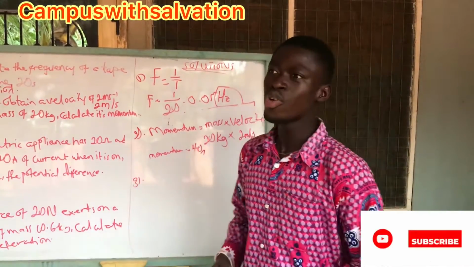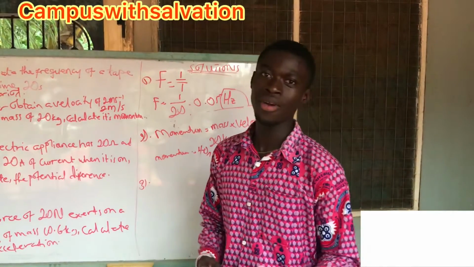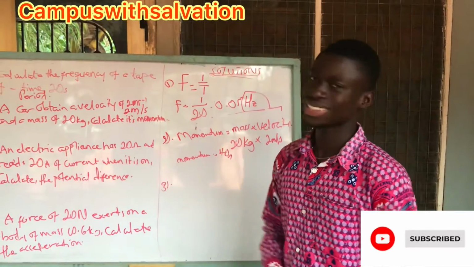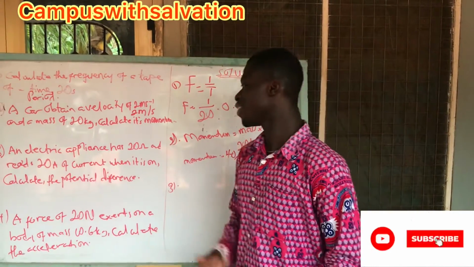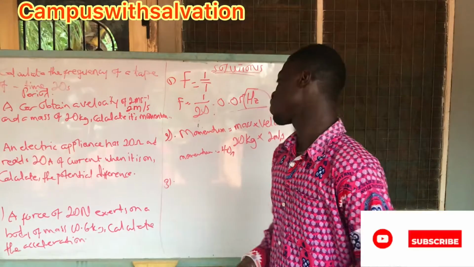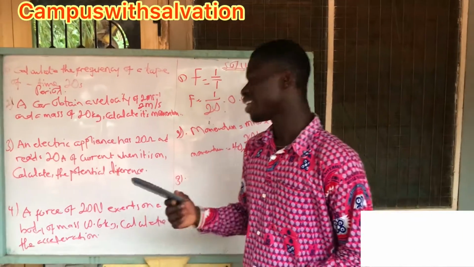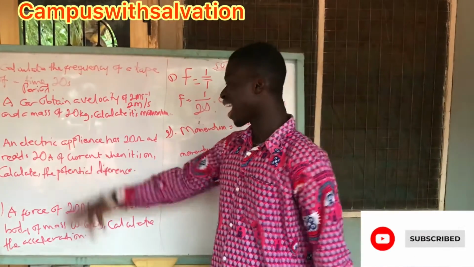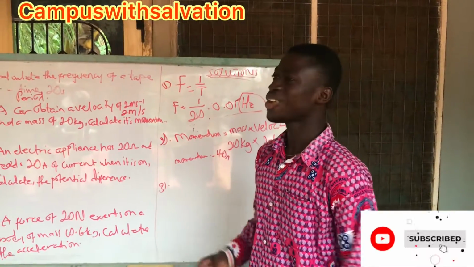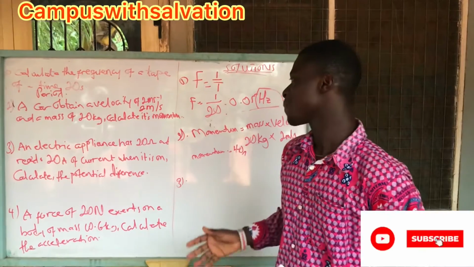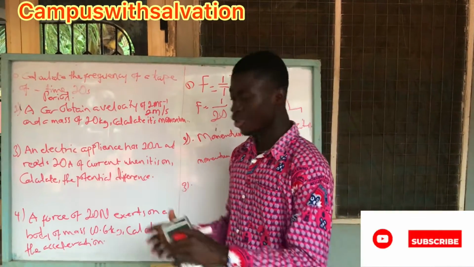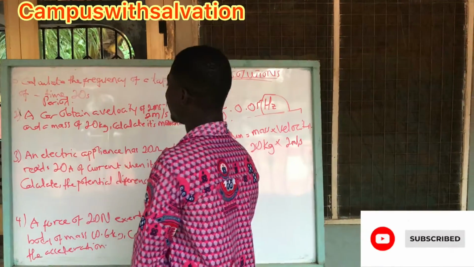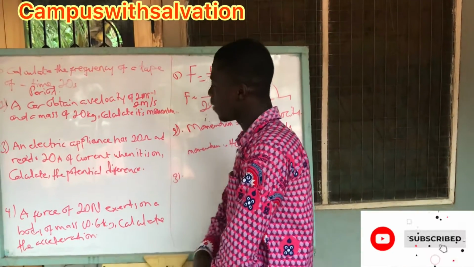So those of you who used to solve past questions, I'm very sure that you've come across this particular question before, or if not, a similar one. So let's tackle it. Anyone who knows Ohm's law can actually solve this question with simplicity, because it all talks about Ohm's law, about electricity, electric appliance.